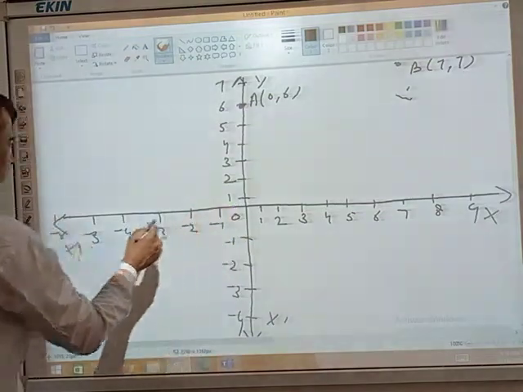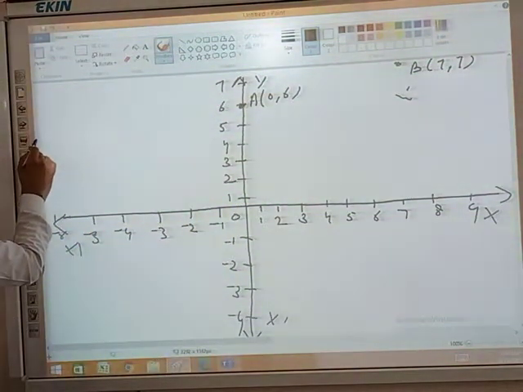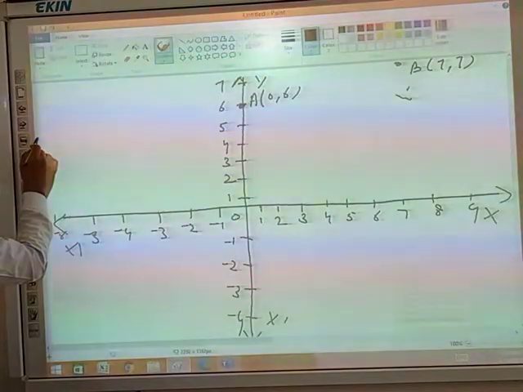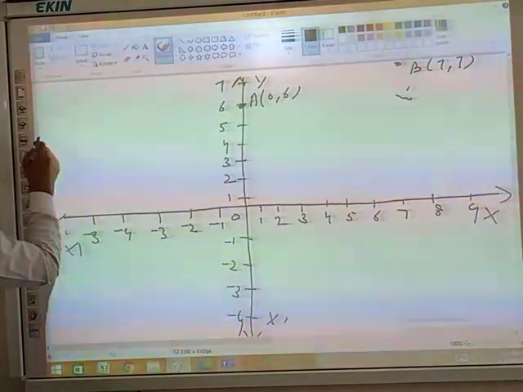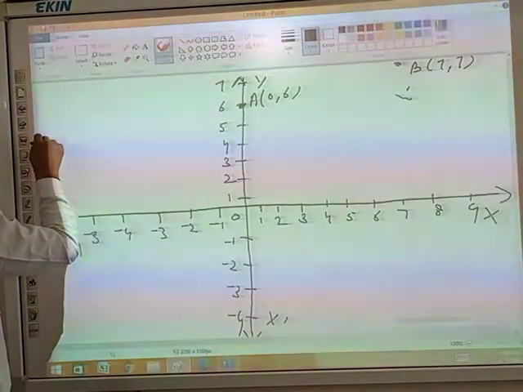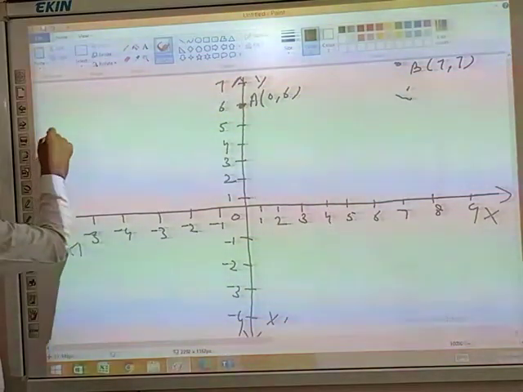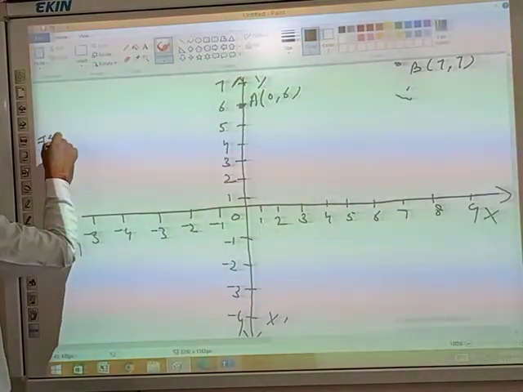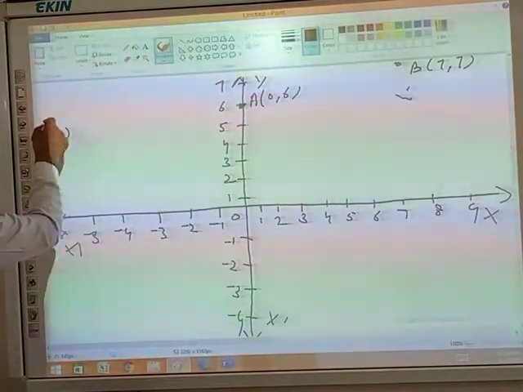Minus 7 plus 5. Students, that is point C.